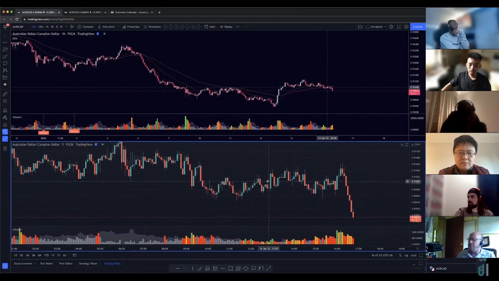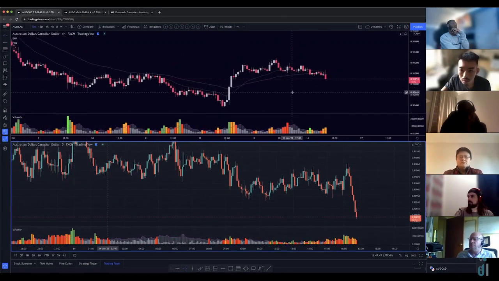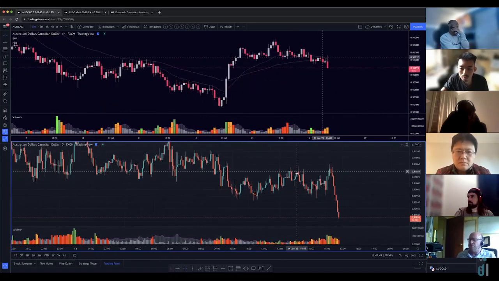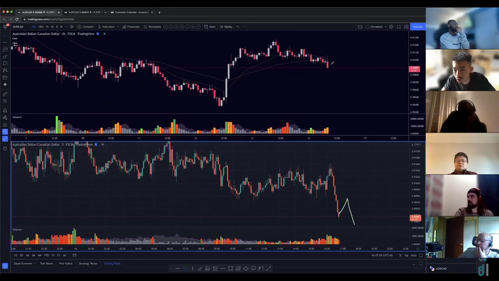Let's say, okay, if it comes back to push down right away, it just means that it's a continuation push of this push, right? On this time frame, this 60 minute.